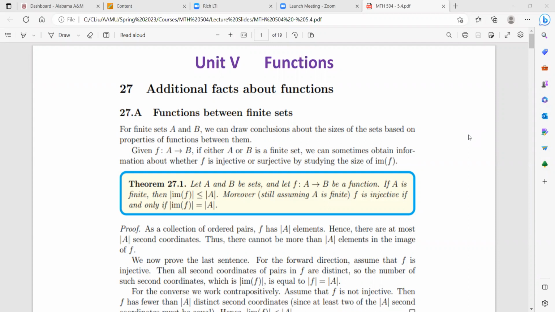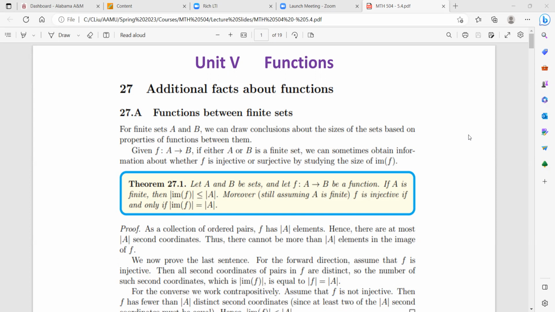I think all of the topics about functions are related to these two properties as we went through this unit. And the last section of this unit is about some more facts about the functions. Again, we're talking about the injectivity and the surjectivity also.